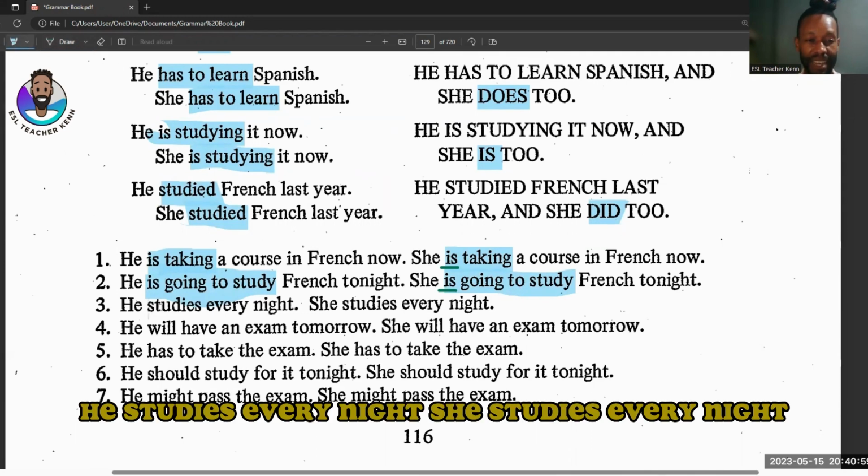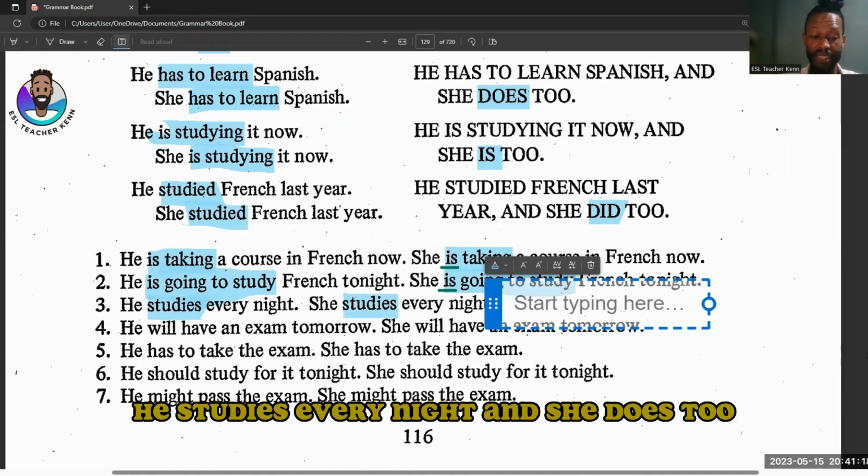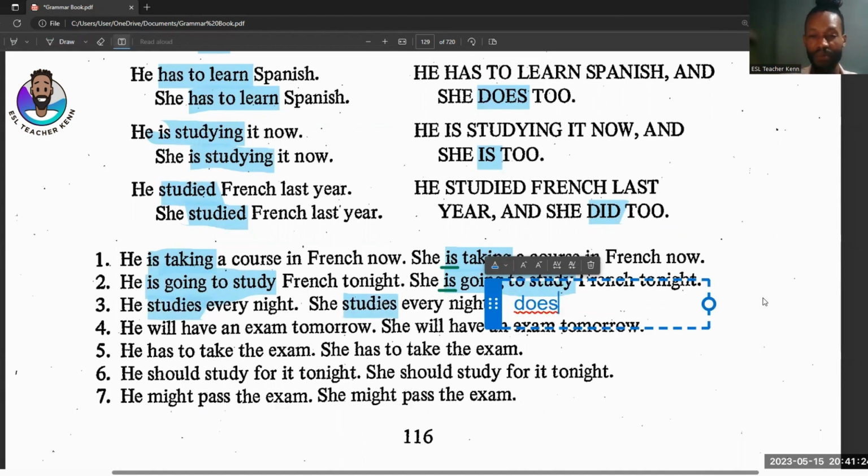He studies every night. She studies every night. He studies every night, and she does too.